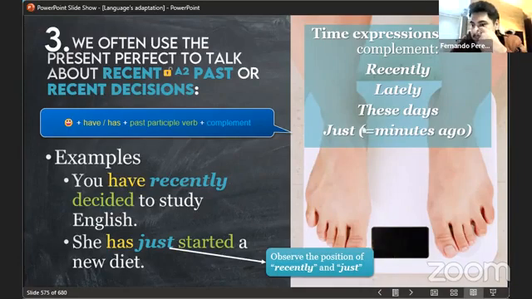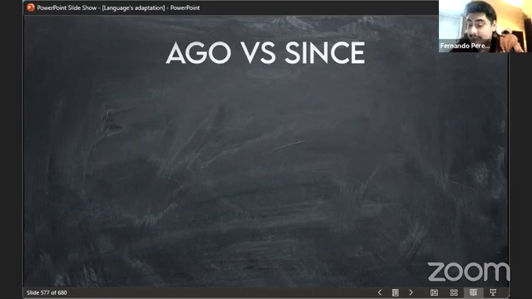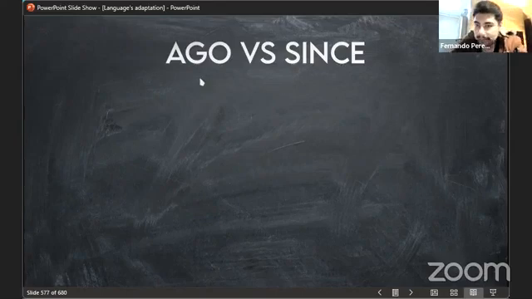So let's finish the final lesson. One of the most important differences between simple past and have is these two expressions: ago versus since.